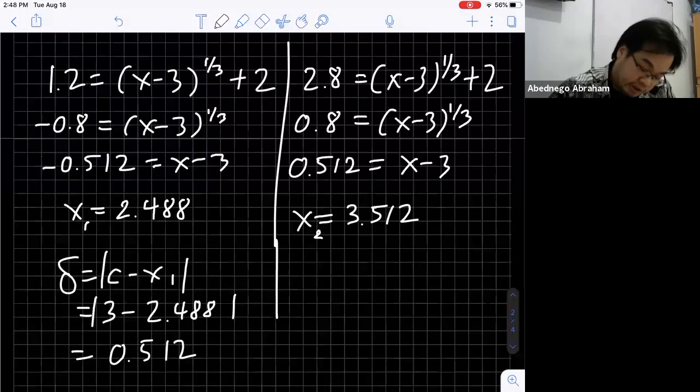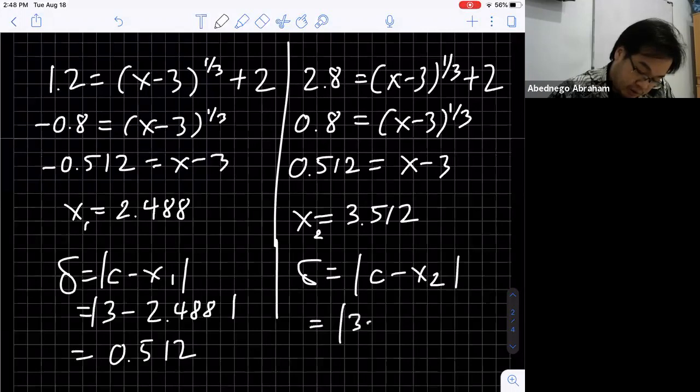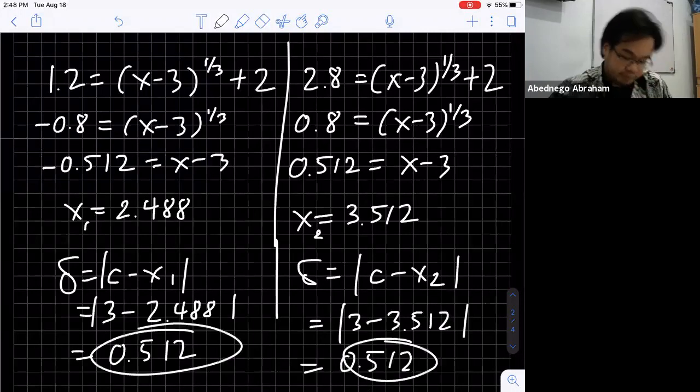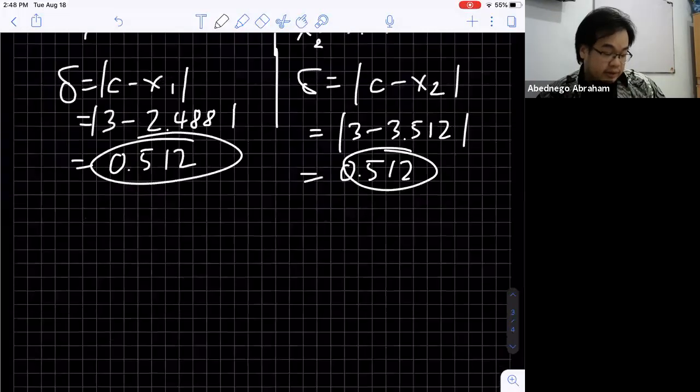And also the same in this case, the delta is equal to c minus x2, which is 3 minus 3.512, and equal to 0.512. Well, apparently it's the same. So the delta in this case is 0.512.